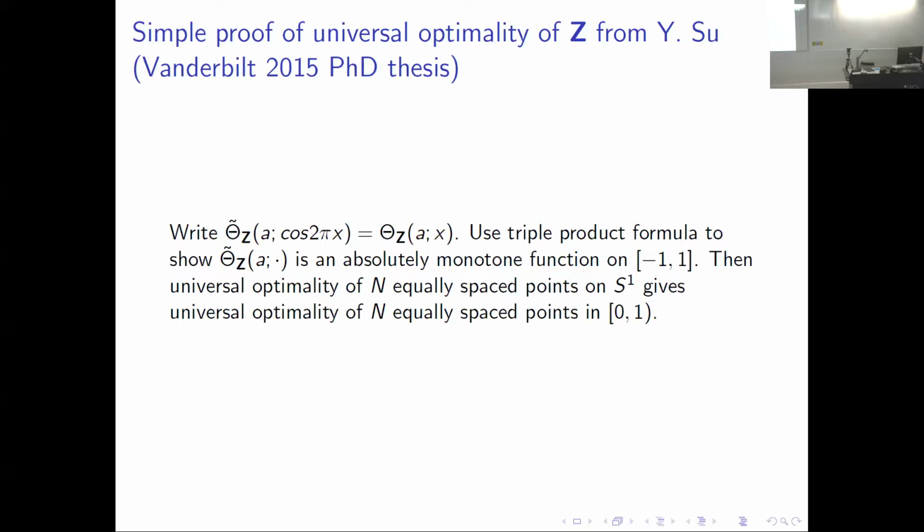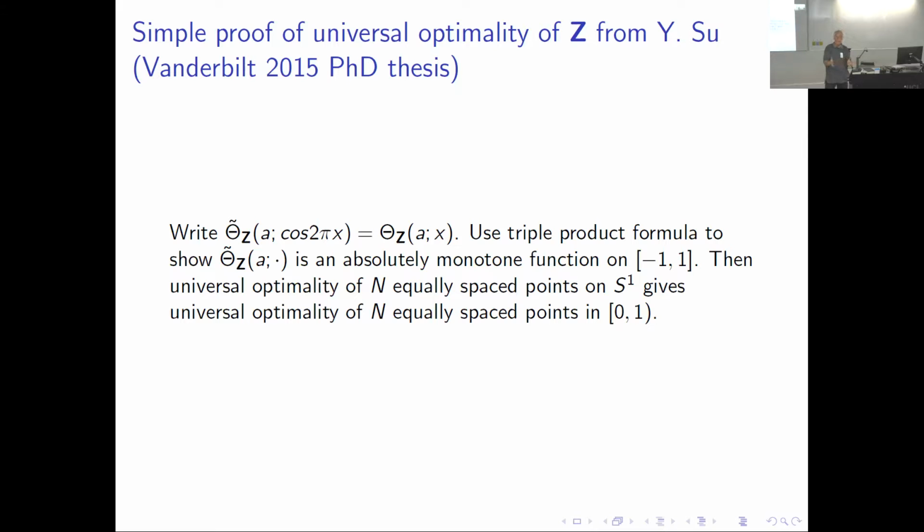I did want to advertise that in Eugen's thesis, there's a nice proof of the one-dimensional universality. You take an n-point periodic, Z-periodic configuration, and you want to show that equally spaced points are optimal for all of the one-dimensional theta functions.